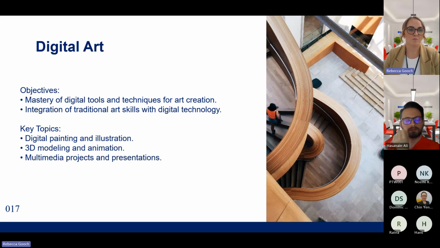But we have also provided recommendations for free software that can be available for your staff and your students. If you do use different software within your country, in your centre, you can also apply that there. But we focused on what is more globally recognised in terms of particular software skills within the digital art unit as well.